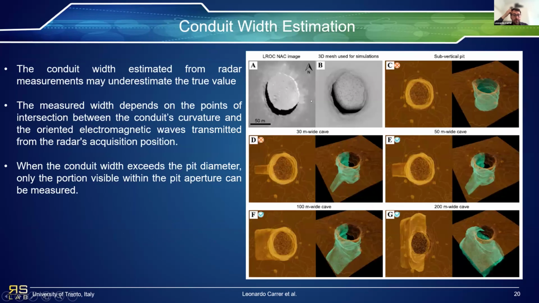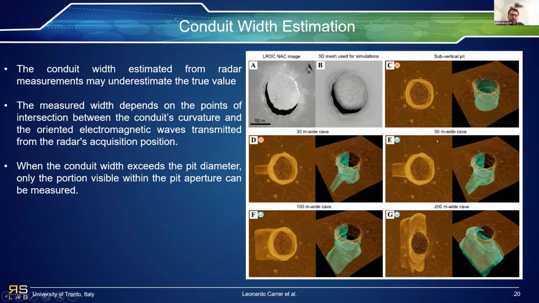So given the two models, apart from the conduit roof and floor slope, we could also determine the conduit width. Now, what is really fascinating, in my opinion, is that we estimated that the conduit width should be at least 50 meters.